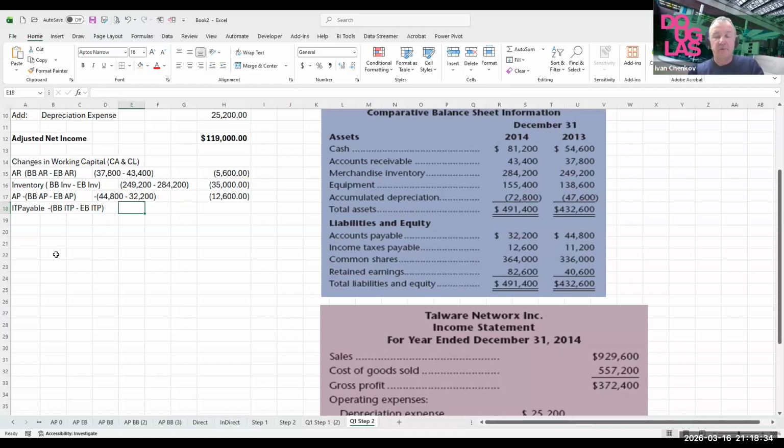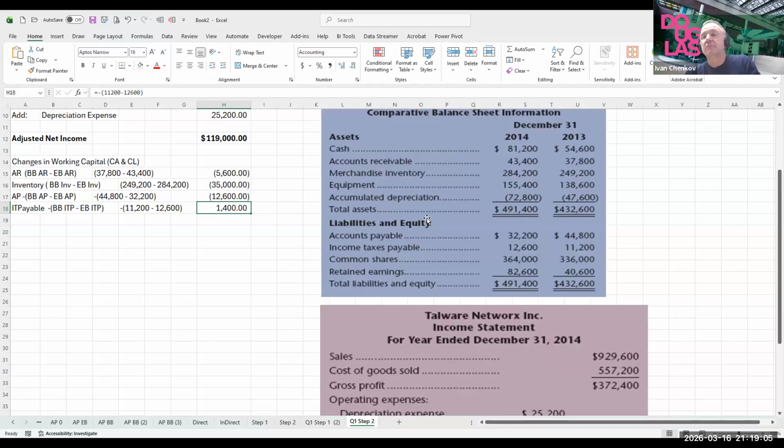So now in the bracket, I'm going to have negative 11,200 minus 12,600. Close the bracket. And in the formula, I'm going to have minus bracket 11,200 minus 12,600. That is a 1,400 increase in my cash.